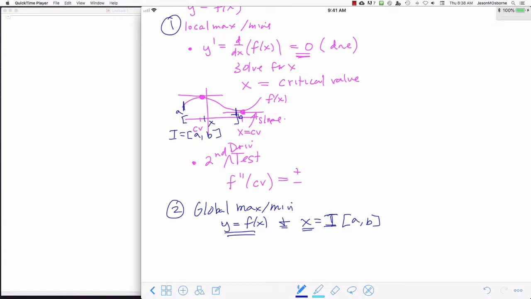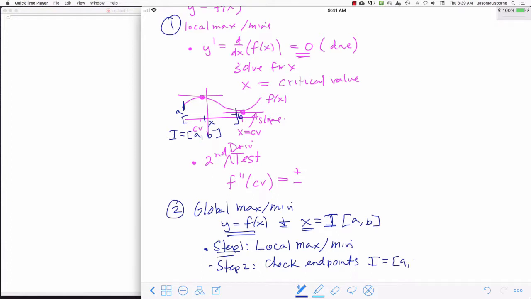local or global maximum occur? Okay, and the way this is done is by computing step 1 by doing the local max-min problem, which was outlined above, and then step 2 would be to check the endpoints of the interval, right?